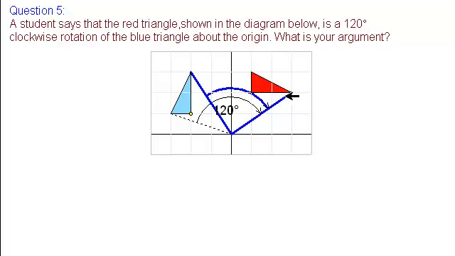It should not be measured between the solid blue line and the dotted black line, which is as given, 120, whereas it should be the angle between the two solid blue segments, and these two segments are connecting the corresponding vertices of the red and the blue triangle to the center of rotation.